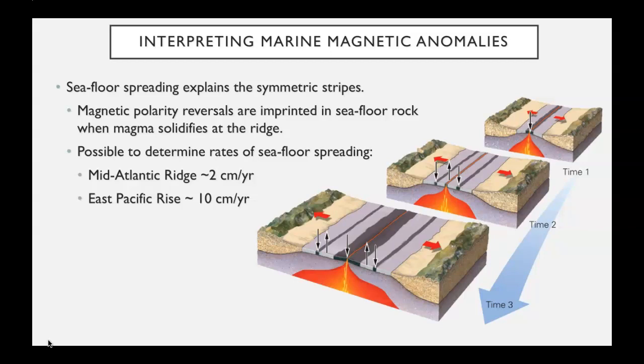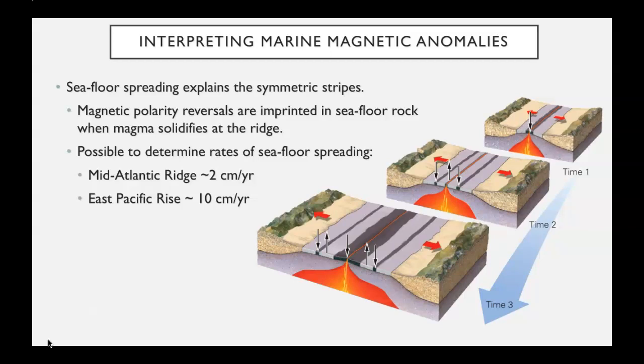So for the Mid-Atlantic Ridge, it's 2 centimeters per year. The East Pacific Rise is a spreading center in the East Pacific, and it spreads way faster, something like 10 centimeters per year. The average of plate movement is more like 3 to 5 centimeters per year.